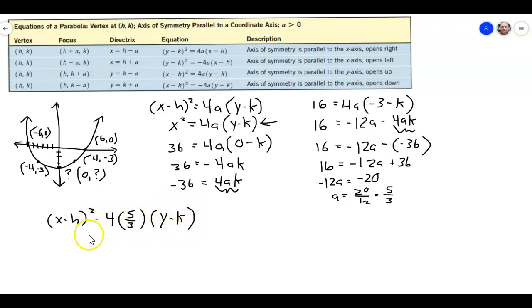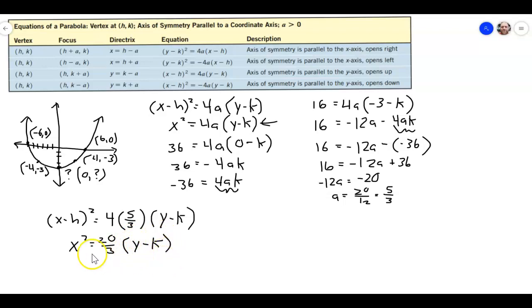All right. So this should allow us to solve for this k, right? Because now, once again, we know that h is 0, so x squared is equal to 20/3, 4 times 5, so 20/3 times y minus k.